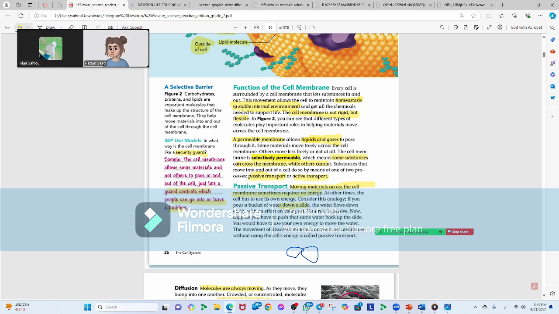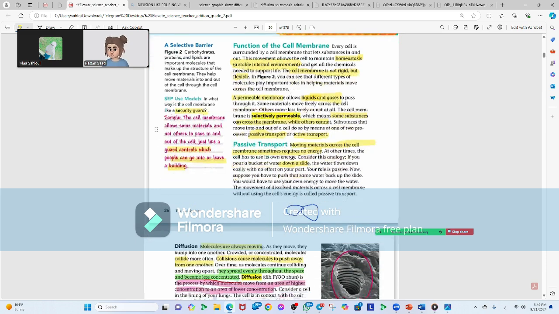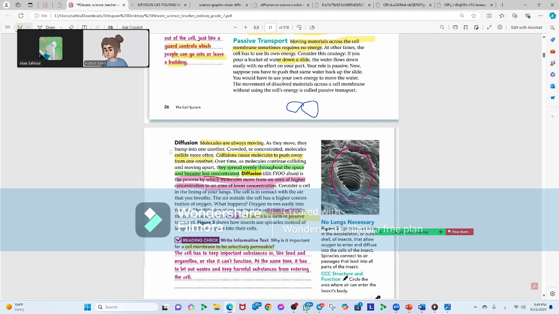Yes, so active transport requires energy.